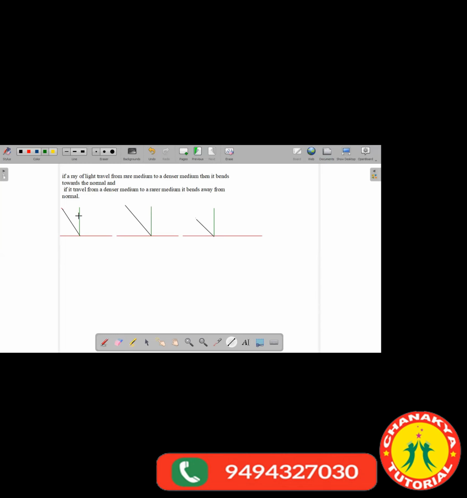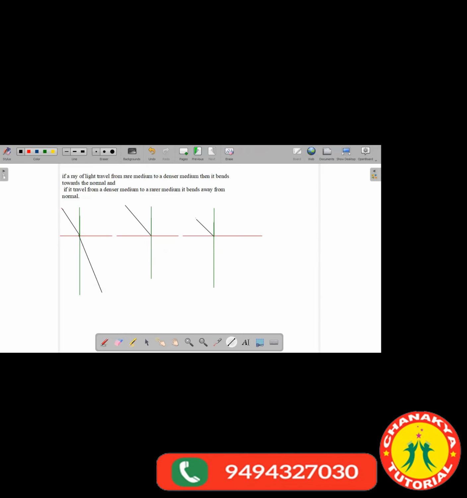Now, if I observe the refracted ray of light, so this is your incident ray, and now I can draw the refracted ray. Here I draw the refracted ray bending like this.